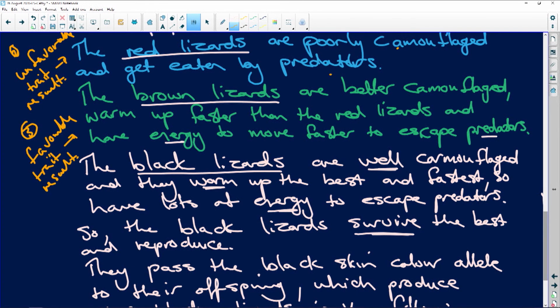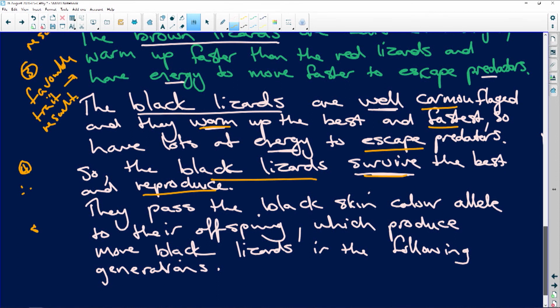Okay, so they can survive, they are well camouflaged, they move the fastest because they warm up so nicely, and they can escape their predators. So, which ones are the best? Therefore, those guys are the ones that survive, and if they survive, they reproduce. Okay, if they reproduce, they then pass that allele on to the next generation, and that is the end of the question.